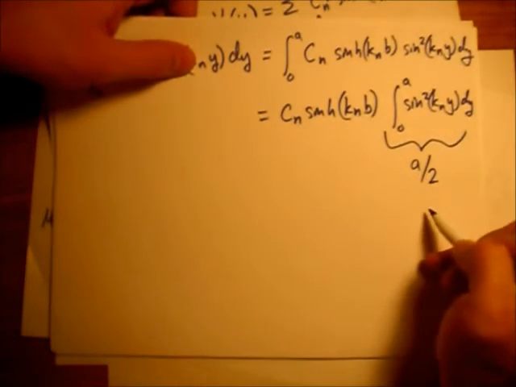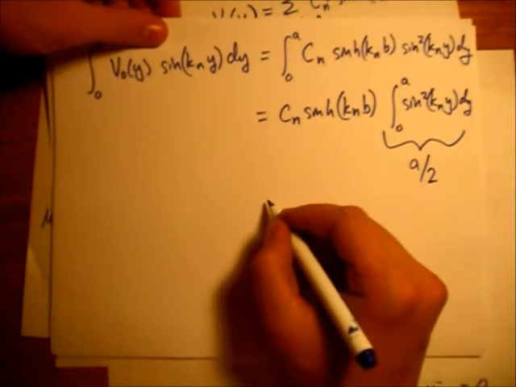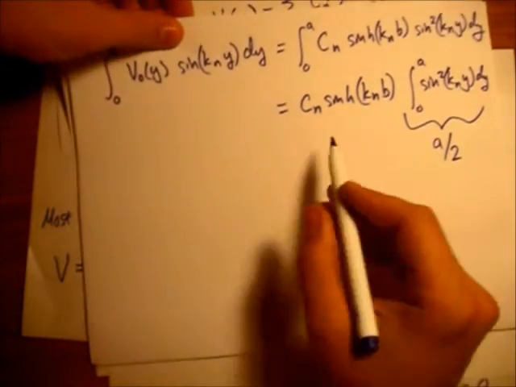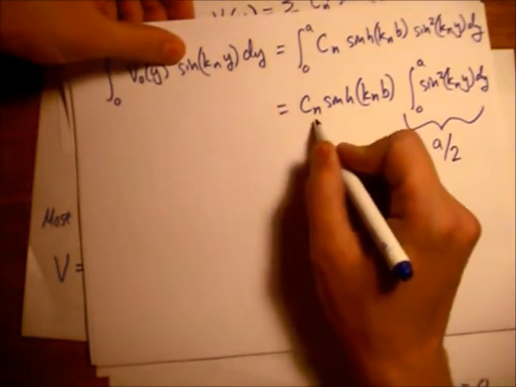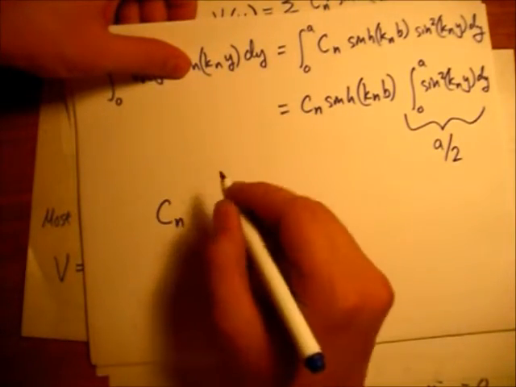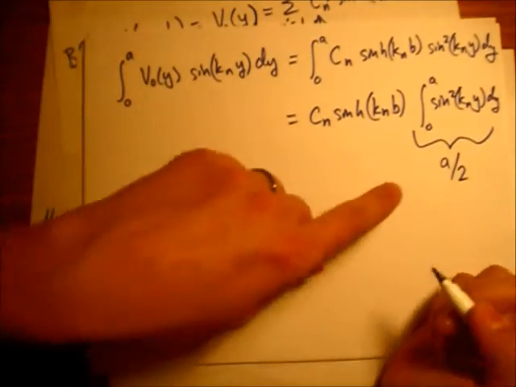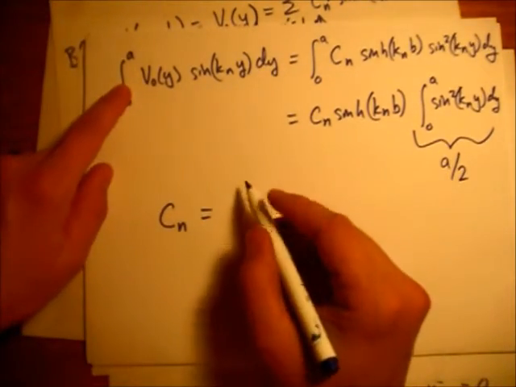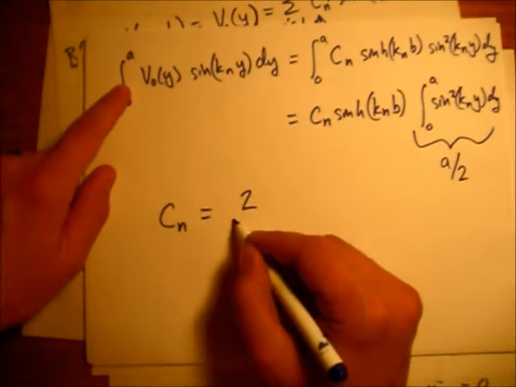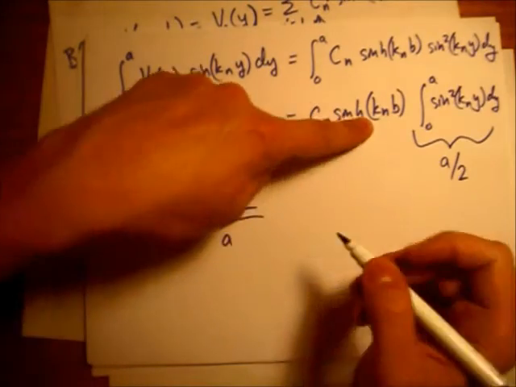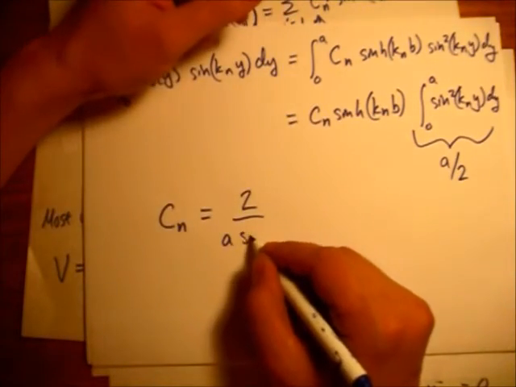So, what do we have now? What we were trying to solve for is the C n. Let's go ahead and solve for it. I'm going to bring this a over 2 over to the other side, so now it's 2 over a, and we'll divide by this hyperbolic sine.